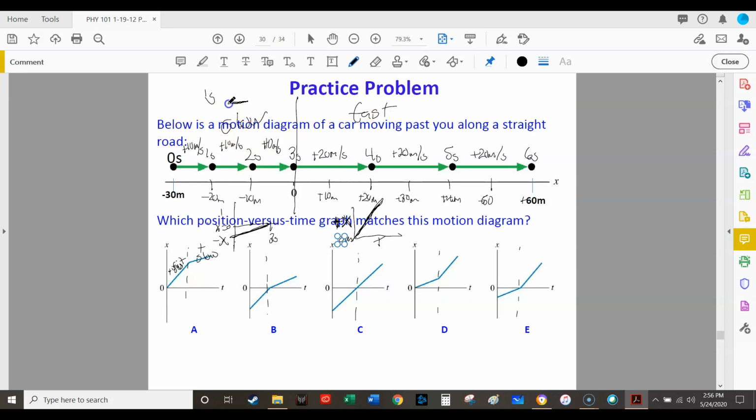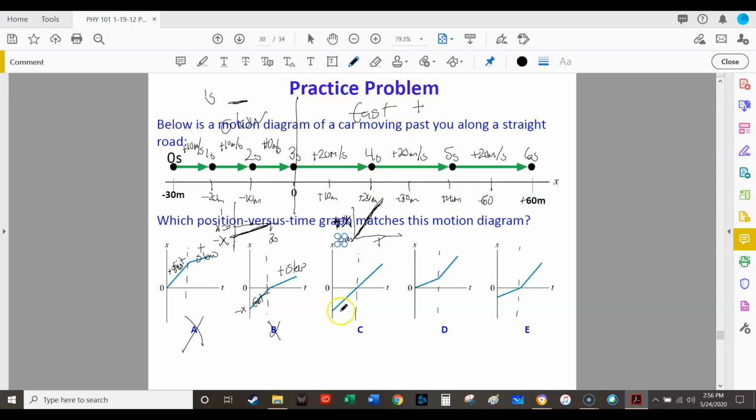And its position is negative initially, and its position is positive after. So A is the exact opposite, so A is incorrect. Now B does show a negative position in the beginning, but this is fast. And then it has positive positions afterwards, and it's slow. So B is also incorrect, because we're looking for negative and slow, and positive and fast.